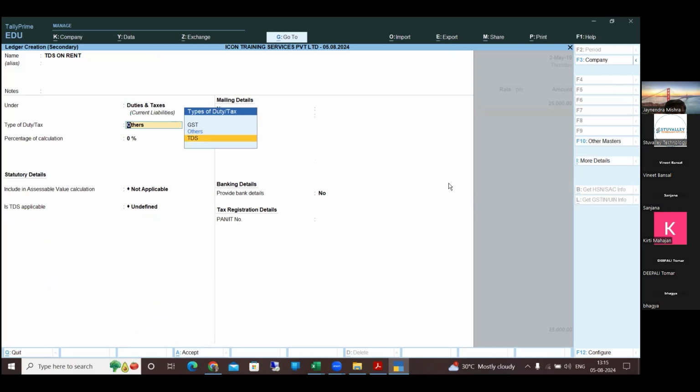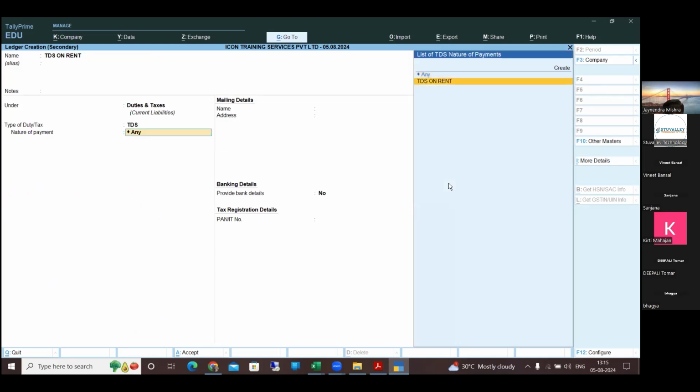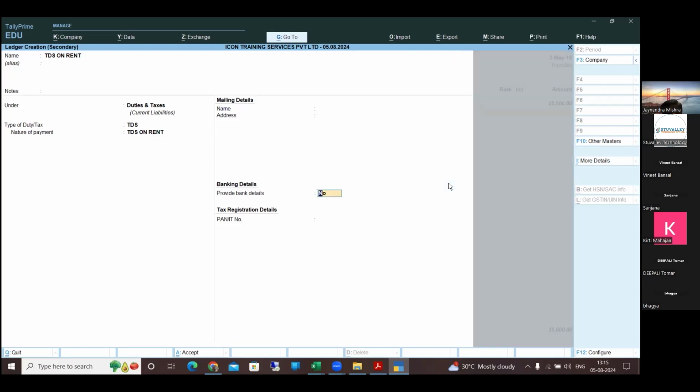Type of tax: TDS. Nature of payment: section 194I, TDS on rent. Okay. Accept, yes. Enter.